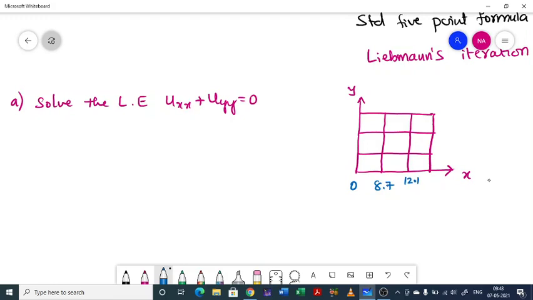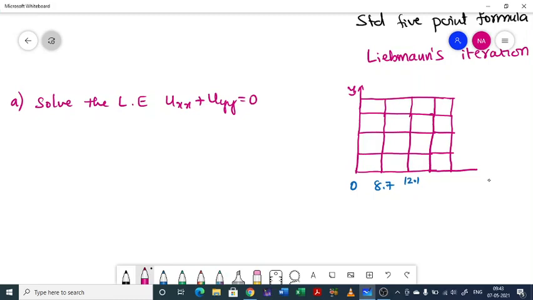Oh sorry, this is a 16 square problem, I had to write. Okay, now write down the values.